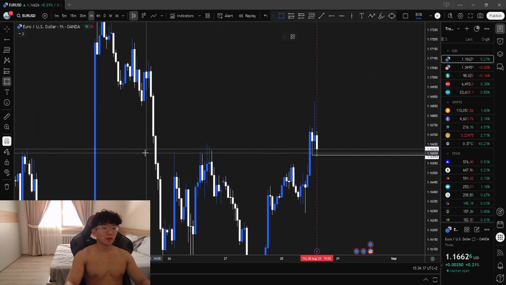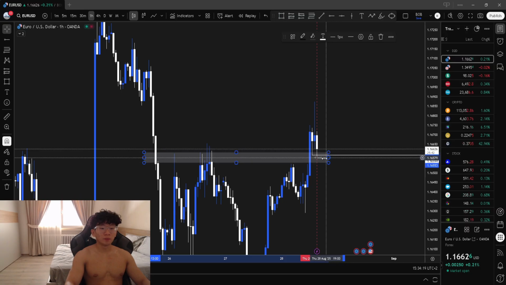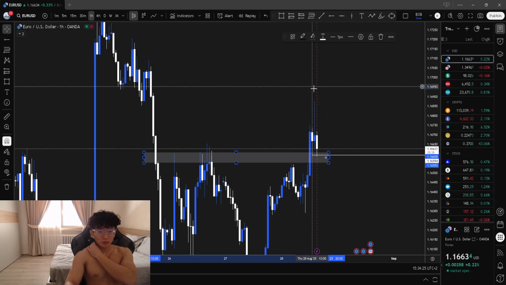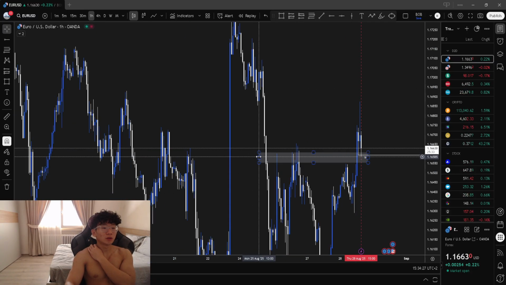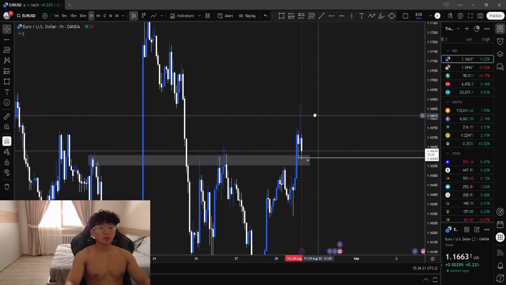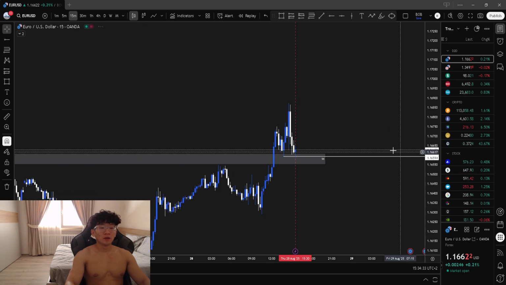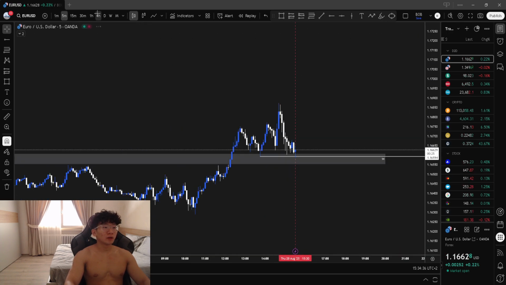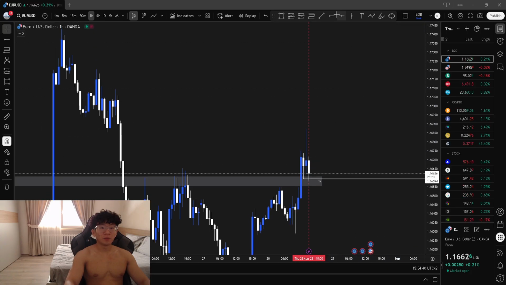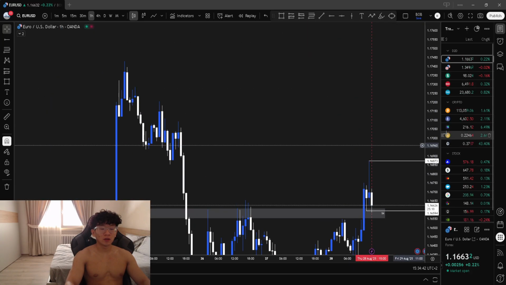Another thing is that we are on a higher time frame support/resistance zone, so it's also nice to know that we are on a higher time frame point of interest. As always, we had our liquidity sweep, and our possible targets on Euro USD are obviously the most recent high right here.